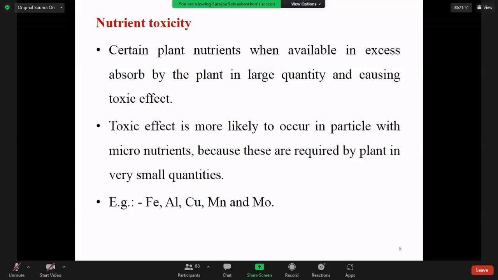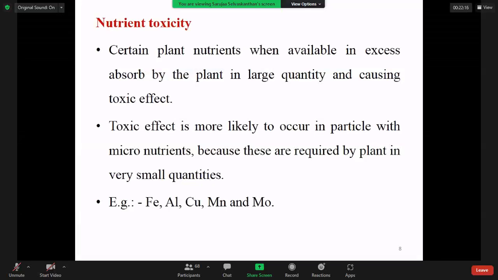Okay, a toxic effect is more likely to occur with micronutrients because they are required by the plant in a very small quantity. Commonly we study toxicity related to the micronutrients because they are needed by the plants in a very small quantity.